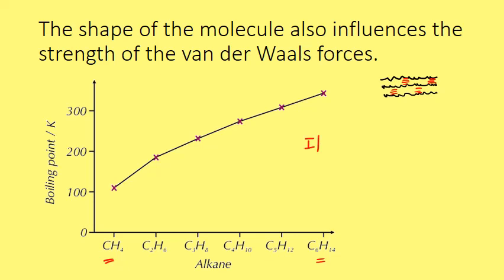And the point is that if the boiling points increase, that must mean it takes more energy to separate the molecules, and that is because the force of attraction between those molecules must be higher. So we can say that the van der Waals forces, which is the forces between the molecules, are also stronger.